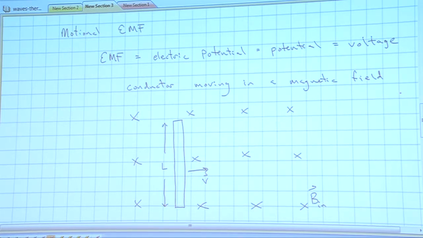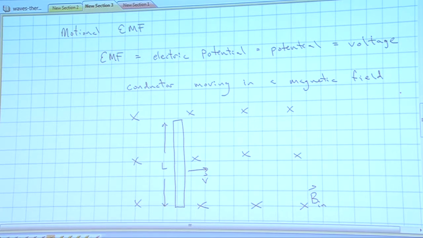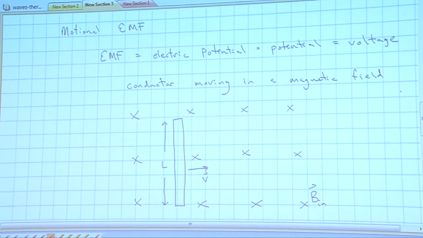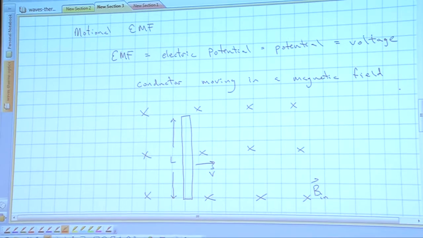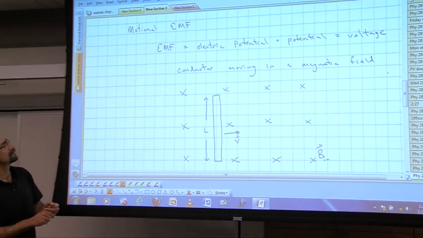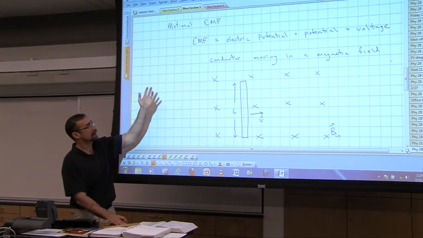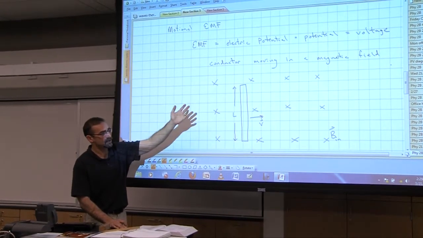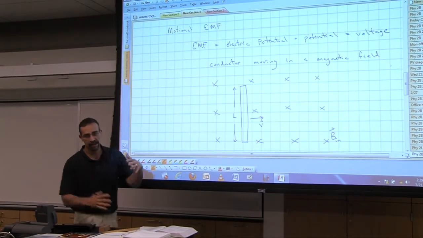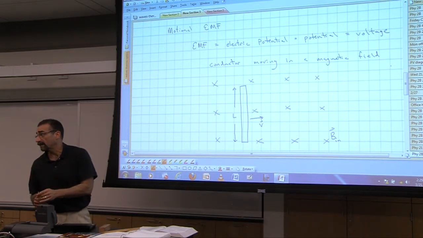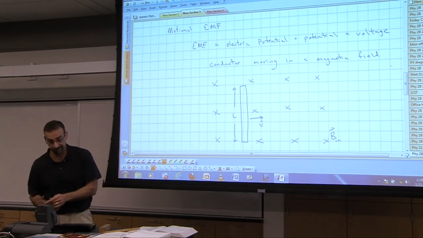Nobody uses that anymore, but we're stuck still using EMF. Some textbooks never even tell you what it stands for. We don't use electromotive force anymore. But EMF, electric potential, voltage, those are all terms that we use interchangeably when we're talking about electric potential.